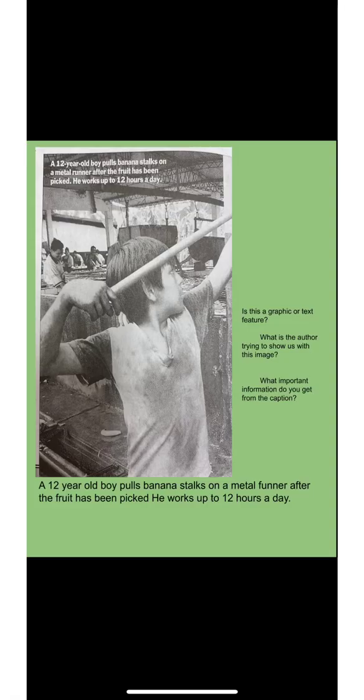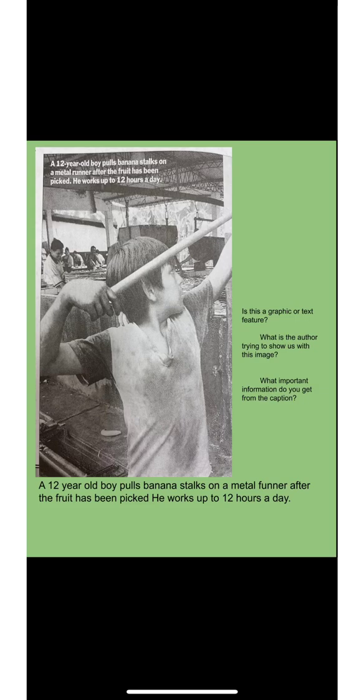Now take a look at this. Here we have a photograph with a caption describing the photograph. The caption says, "A 12-year-old boy pulls banana stalks on a metal runner after the fruit had been picked. He works up to 12 hours per day." Wow. Looking at this, can you decide, is this a graphic or a text feature?